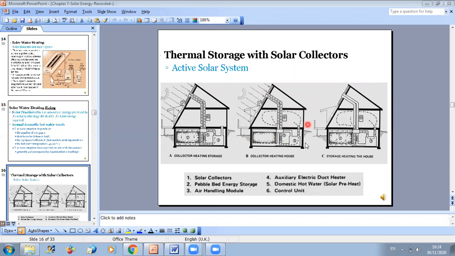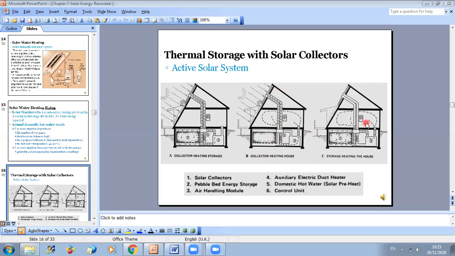Instead of going towards the thermal storage system, your fluid will go through a heat exchanger that is directly related to the inner space. The fluid will heat air, and the air will be circulated in my space to heat it. So here I am directly heating my space from the solar energy.